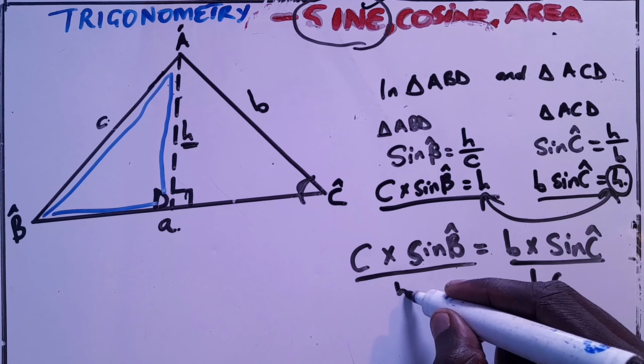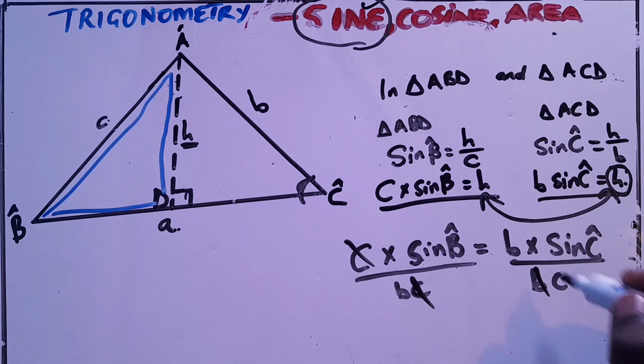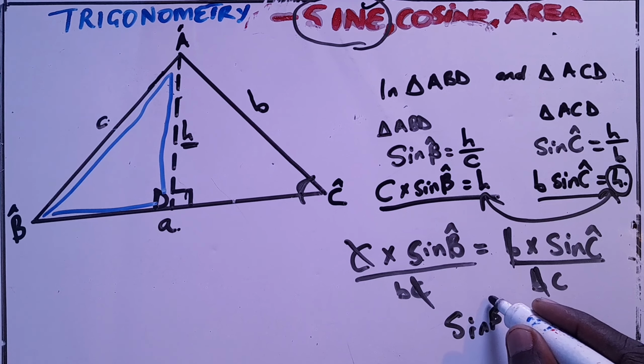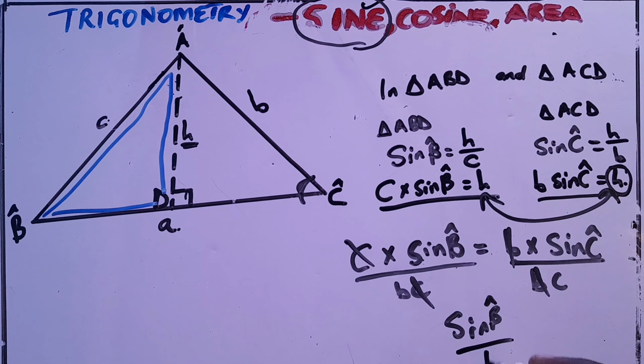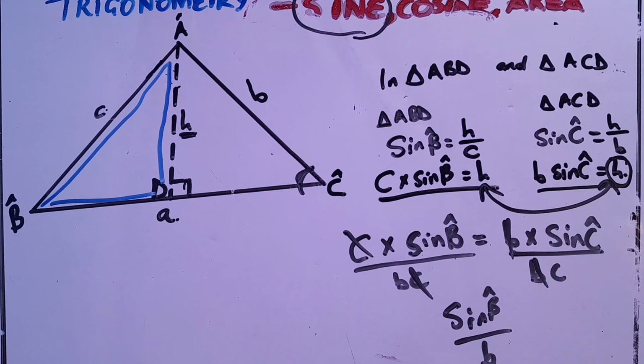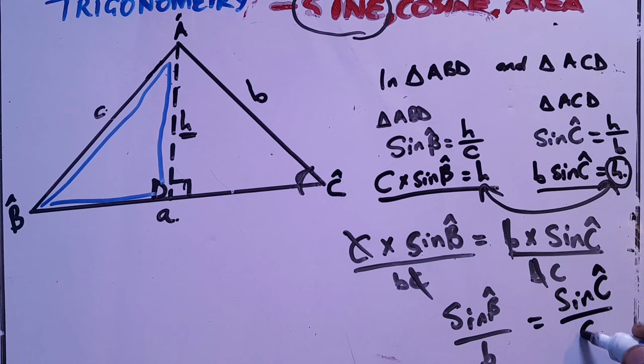C and C can cancel, B and B can cancel. Now we'll be left with sine B over B, which will be the same as sine of C over C.